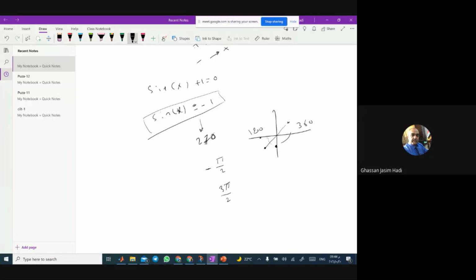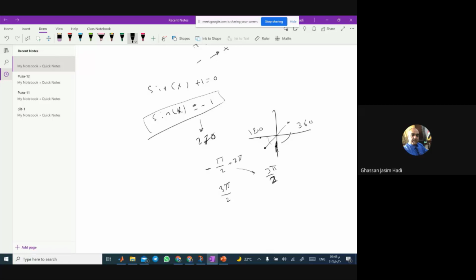Is that true? You understand? If you add 2 pi, it will be 3 pi over 2. This is the same angle here.